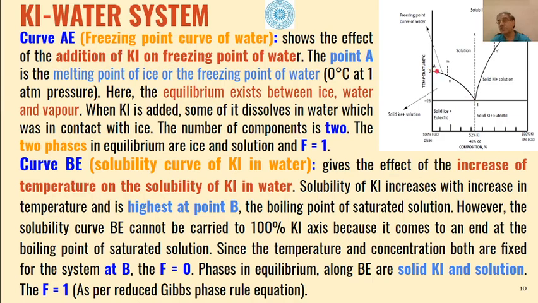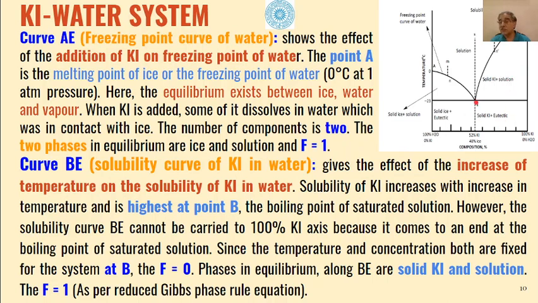So as we move from A to E, there is a solution of potassium iodide present in this area, and in this area we will have solid ice plus solution, meaning potassium iodide solution. Then in this area we will have solid potassium iodide plus solution, that is KI dissolved in water, known as solution.